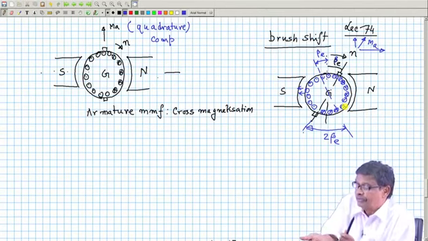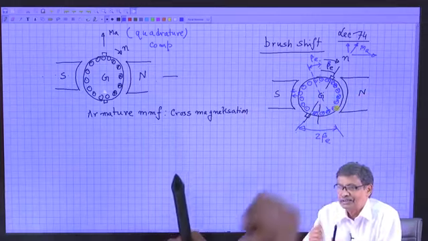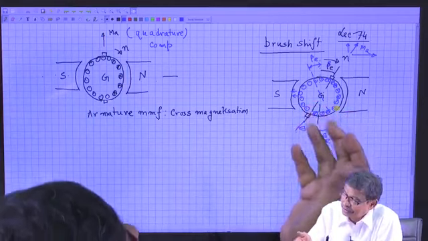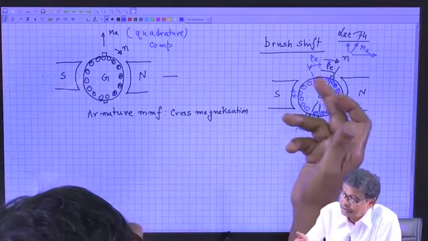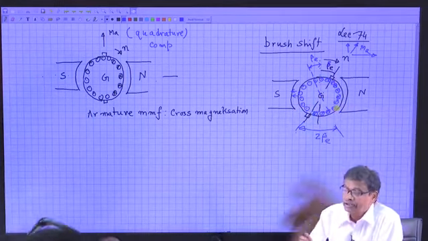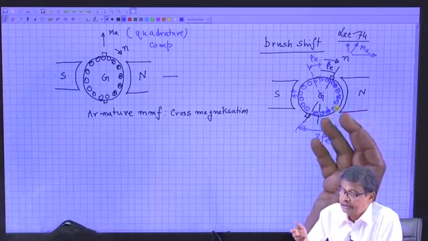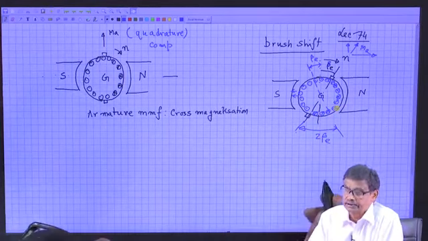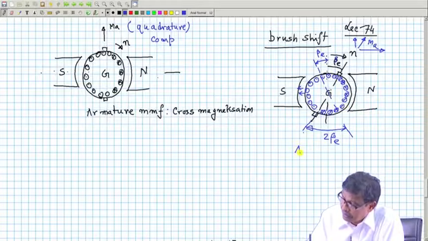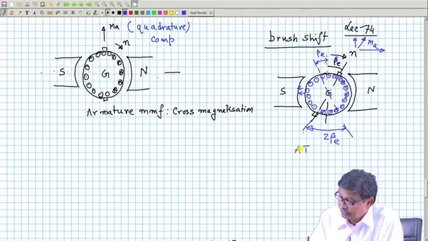What is the direction of the flux? Horizontal. So, by considering this group of conductors here, I will be able to calculate how much are the demagnetizing ampere turns.